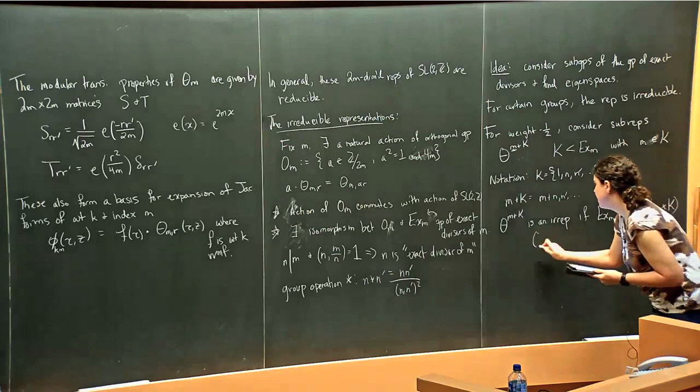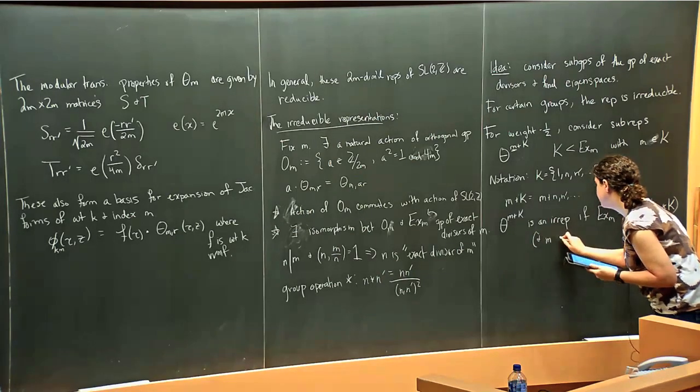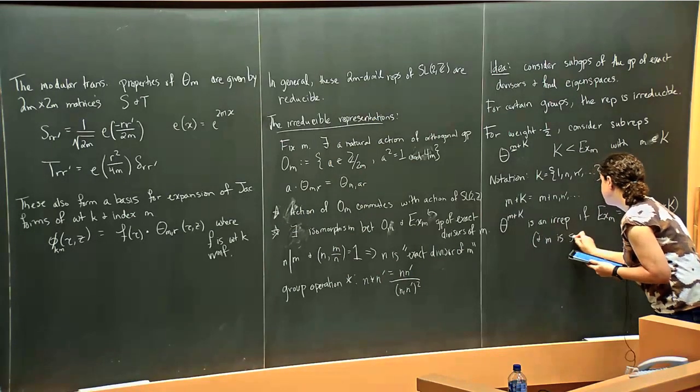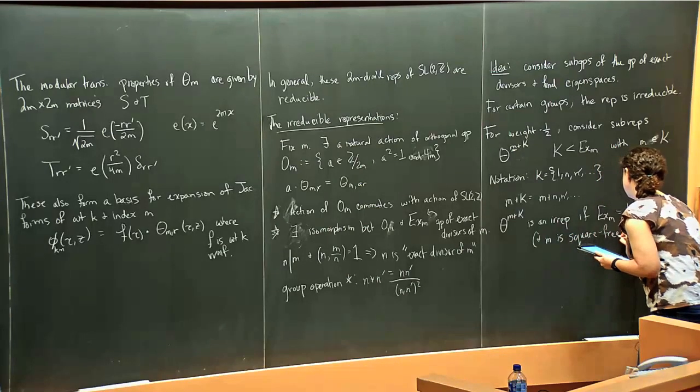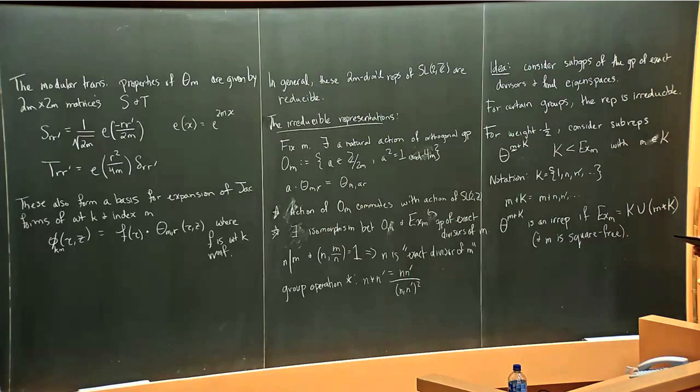And also a caveat is that m itself is square free. So you have to do something slightly more complicated if m isn't square free, but I won't go into that.